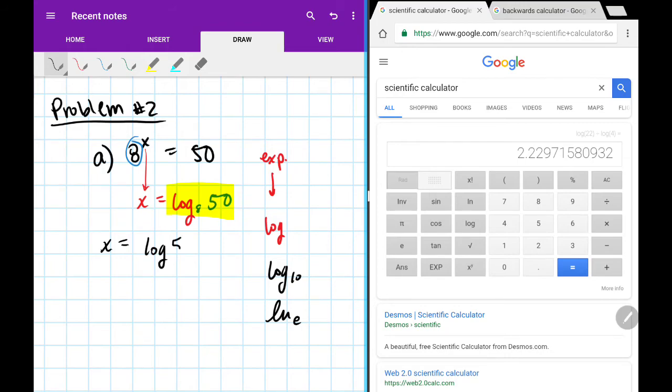Log base 8 of 50 is the same as log 50 divided by log 8. Let's put that into our calculator and get our final answer. Try it yourself and see if your answer matches mine. I got 1.8813. So that's what x equals.